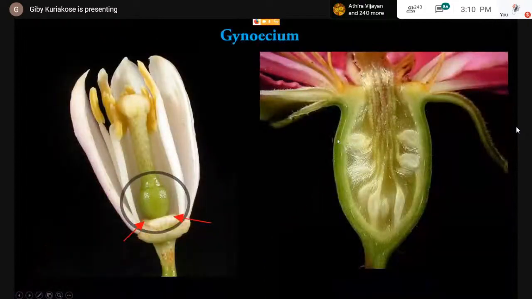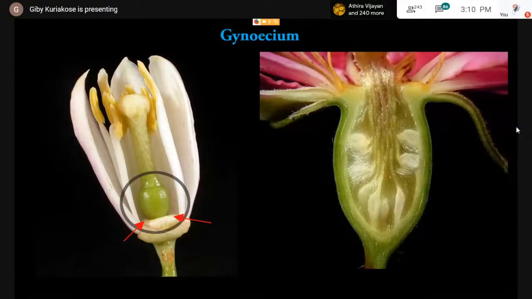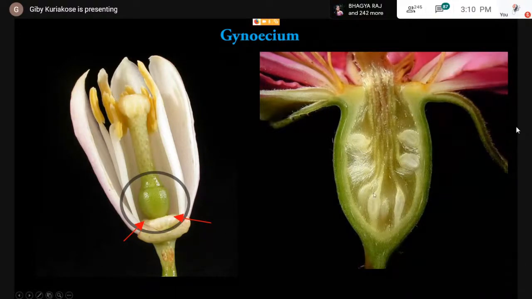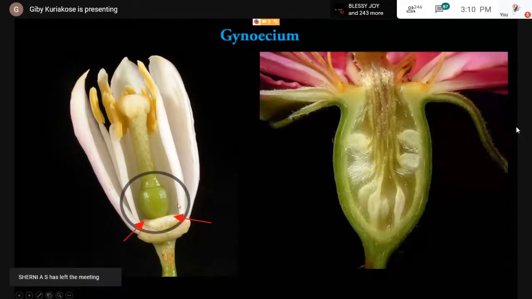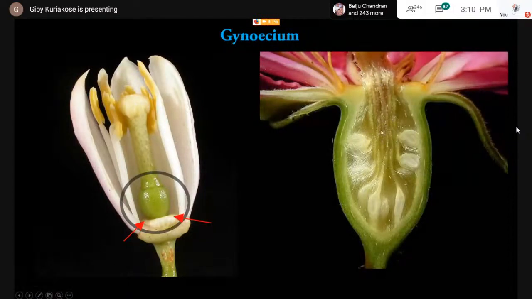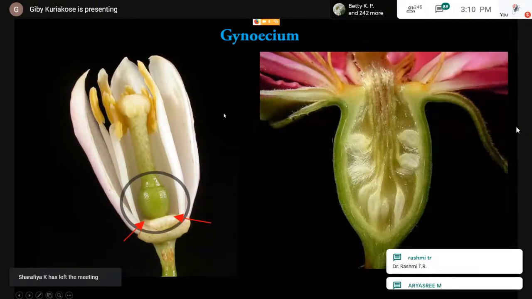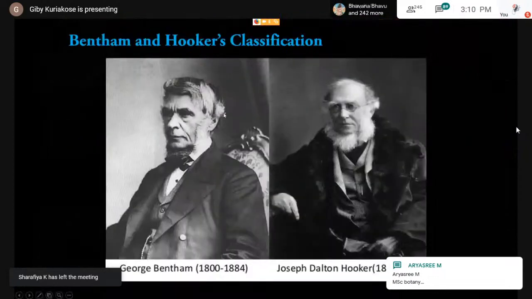Gynoecium also contributes to several characters, like whether the carpels are free or united, apocarpous or syncarpous, whether there are hairs associated with carpels, and how they are arranged, and whether there are any other structures associated with ovary or carpel, then presence or absence of style and length of style, nature of style, then stigma, then the number of ovules and all those things.